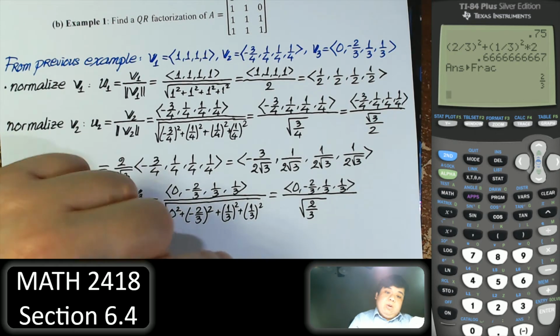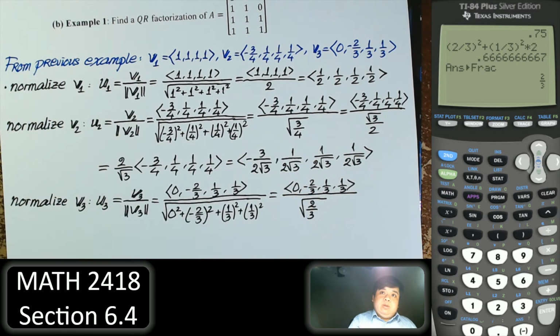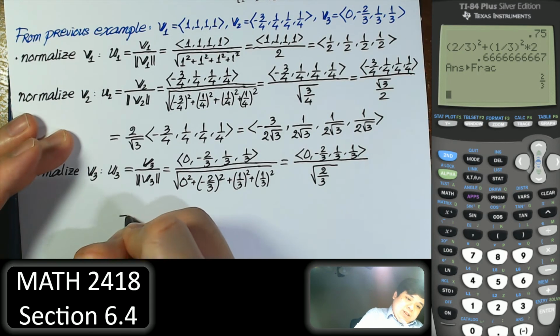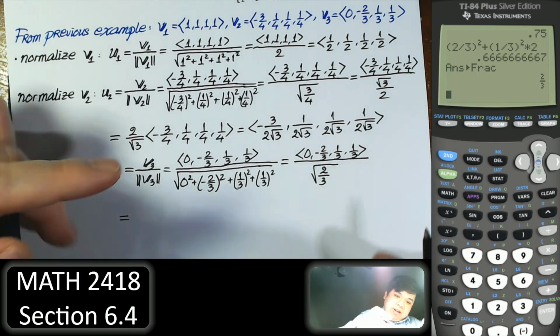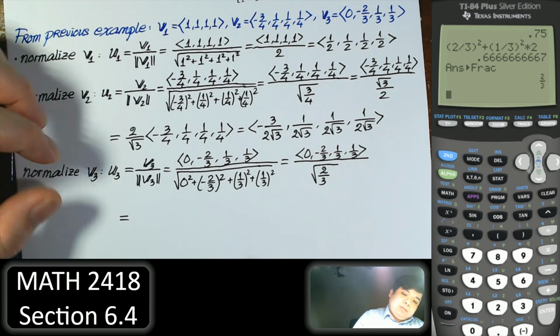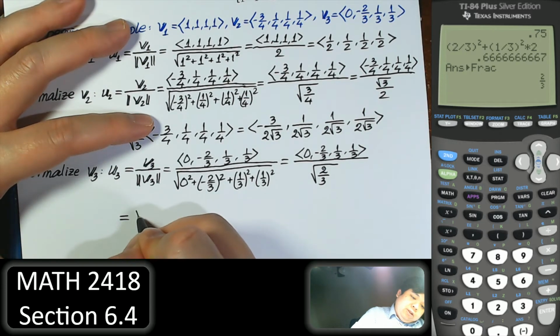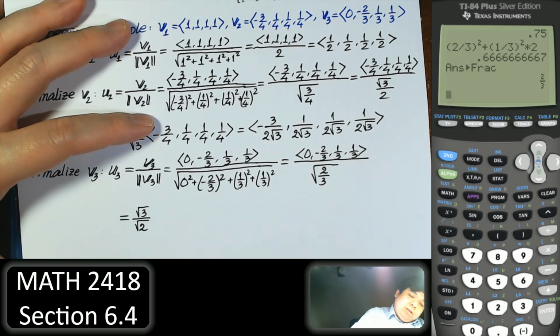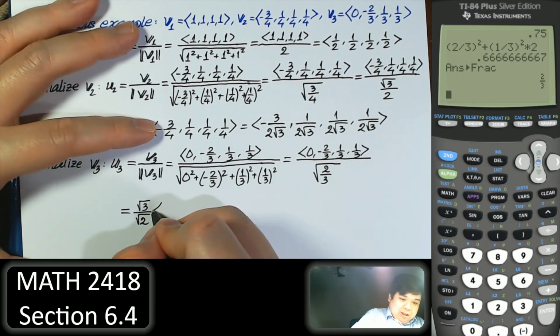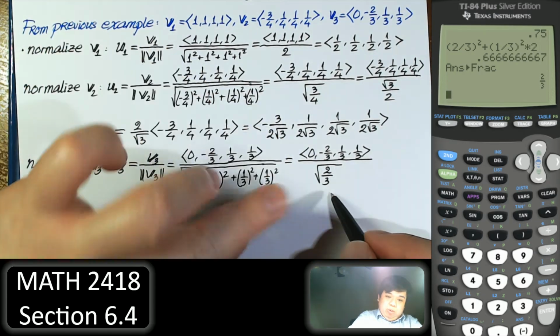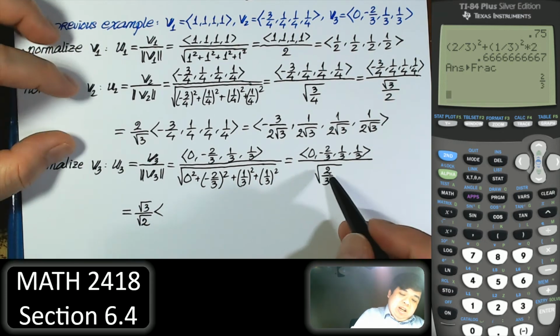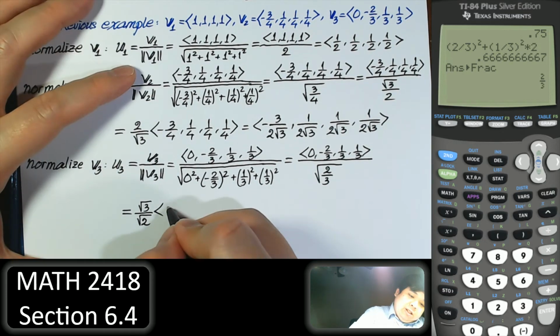Multiply by the reciprocal, square root of 2 over square root of 3. So I'm going to flip that. Just square root of 2 over square root of 3, and then multiply by the reciprocal, dividing the fraction, so we're going to flip.